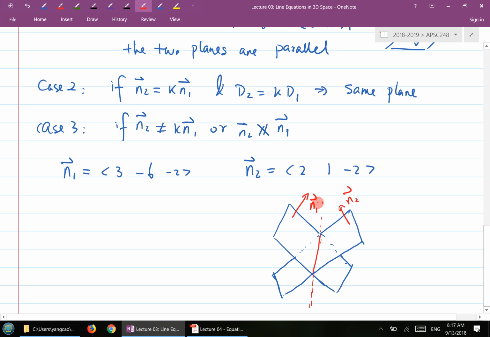It's not necessarily a precise drawing because we don't have a computer, so it's hard to see the actual direction each vector is pointing to. But still, it's an idea, a rough sketch. What you're looking for is this angle between these two planes.